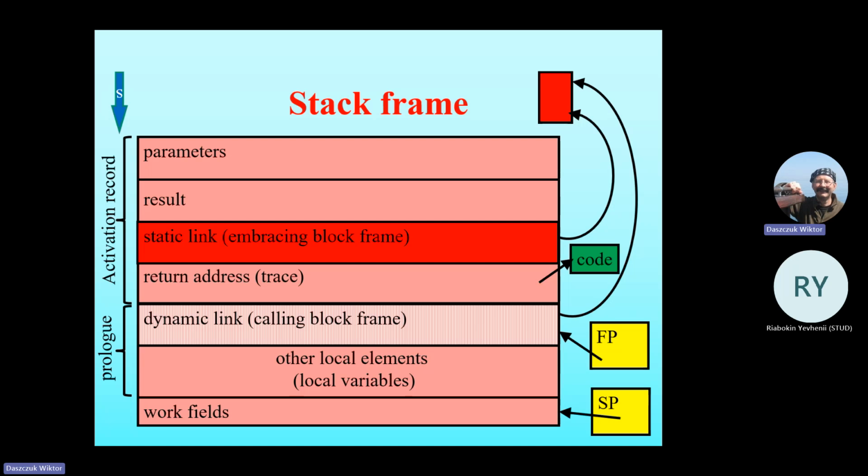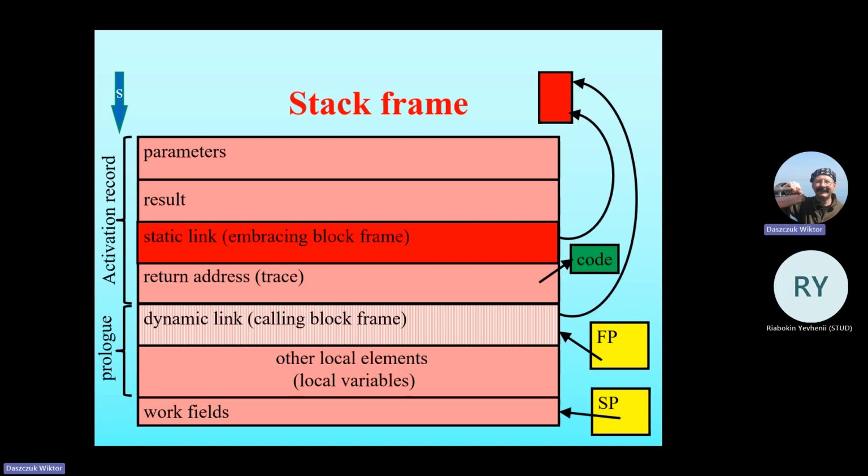So first, the calling subroutine deposits the parameters of the subroutine call on the stack. In some architectures, the result of the subroutine is pushed on the stack. Nowadays it's seldom. Typically, nowadays, the result is passed in registers.